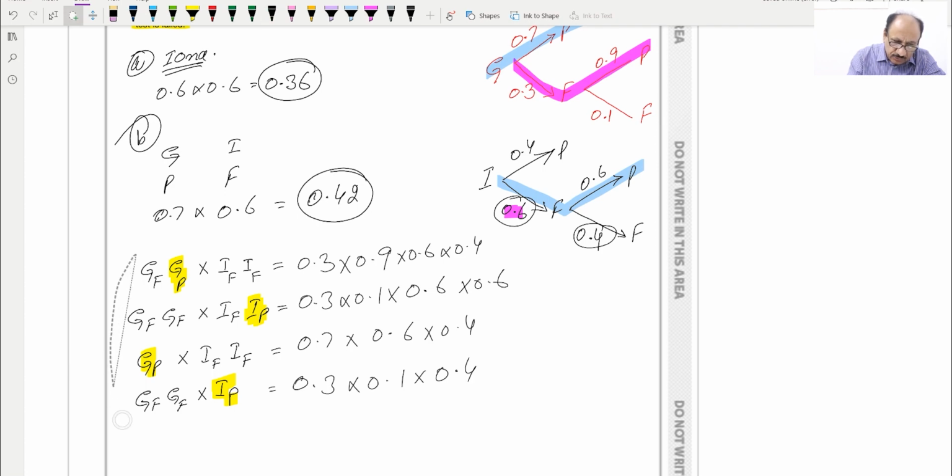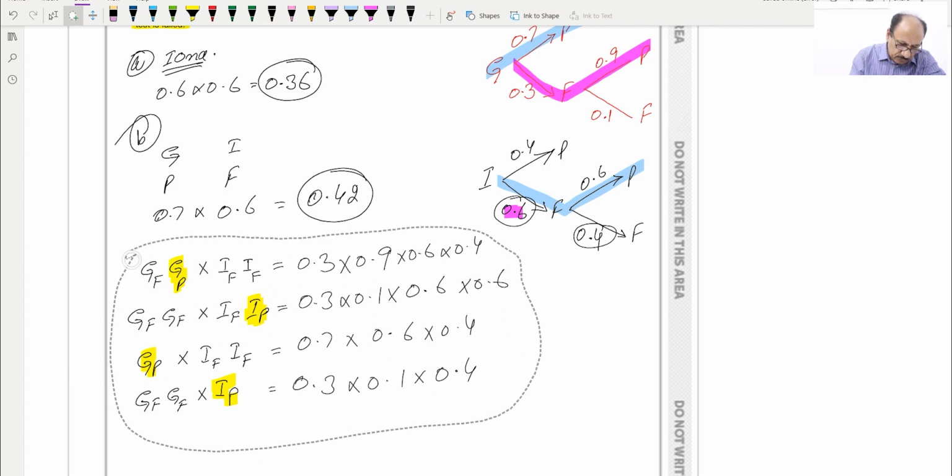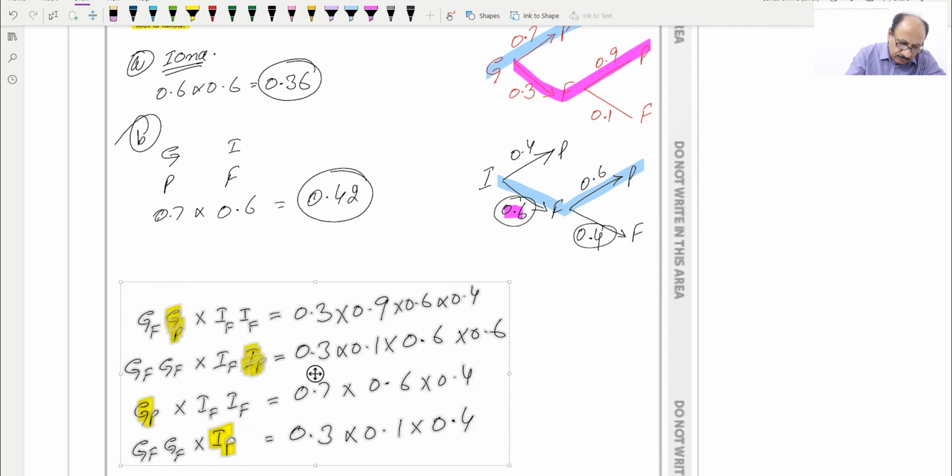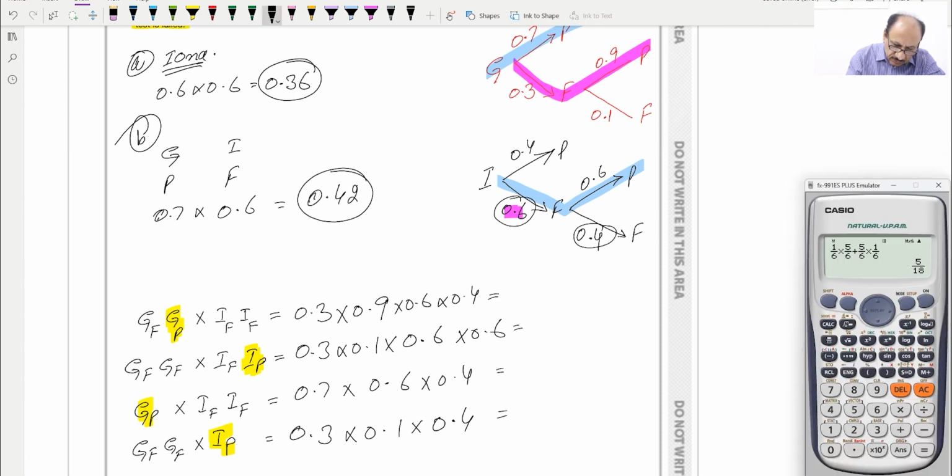So this is our probability, all the options we have recorded. And now we can simplify. This will be equal to how much? We can calculate. This will be 0.3 multiplied by 0.9 multiplied by 0.6 multiplied by 0.4, and this is giving us 0.648.